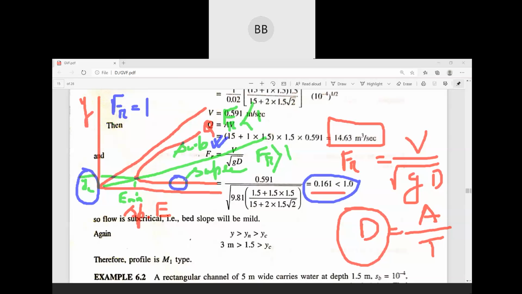Any depth in subcritical flow is greater than YC, the critical depth, and any depth in supercritical flow is less than the critical depth.